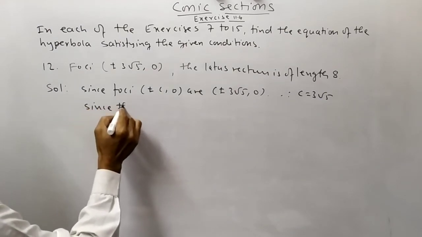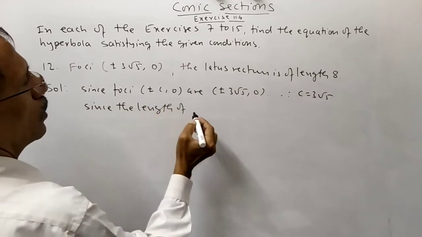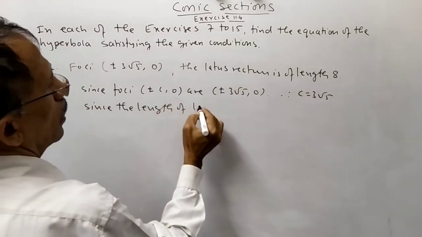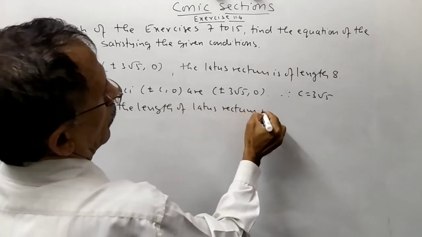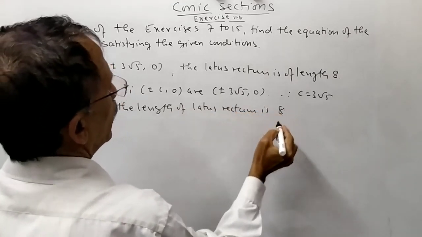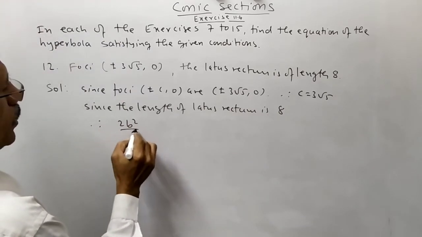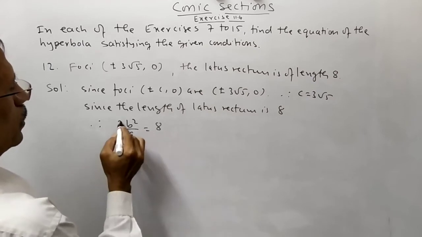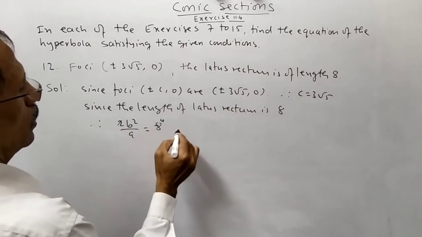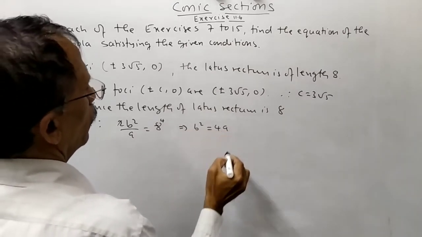Since the length of latus rectum is 8 units, therefore 2b square by a is equal to 8 units. This implies b square is equal to 4a.